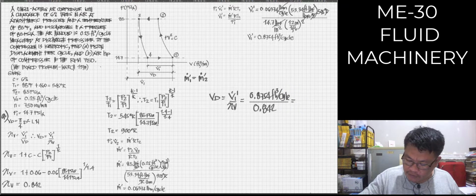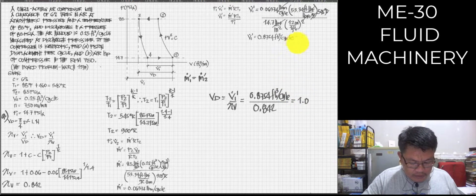Okay, so finally we have the value of our volume displaced. That is equivalent to 1.039, cubic feet per cycle.